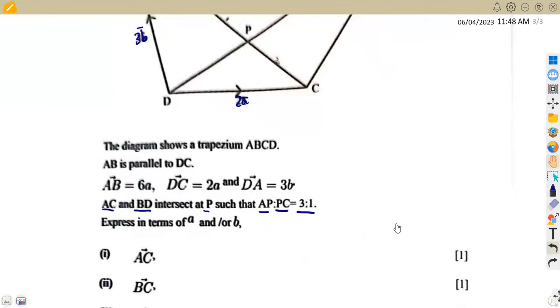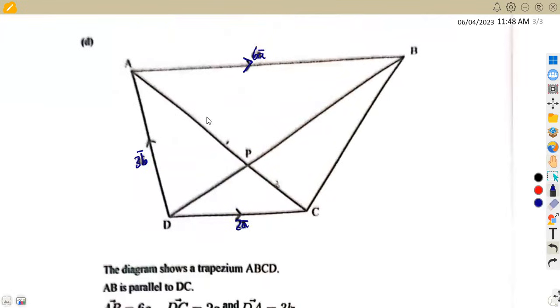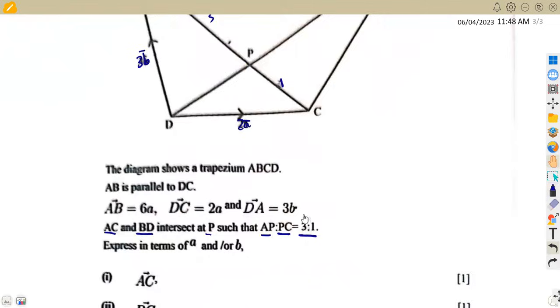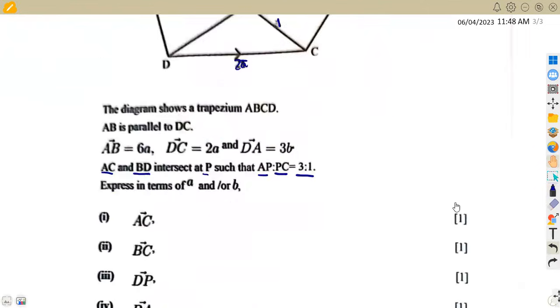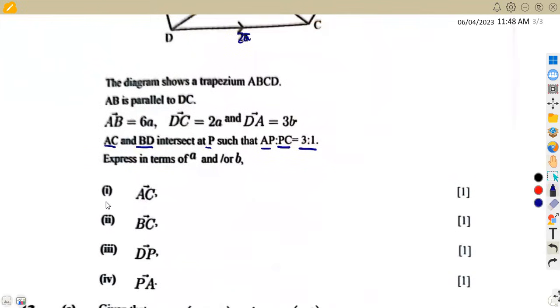So A to P is 3, P to C will be 1. That is 3:1. AP, 3 parts, PC, 1 part. Take note how you are going to answer this. Okay, the first part is to find AC. So for AC, we simply need a route that we are going to take from point A to point C in this case.